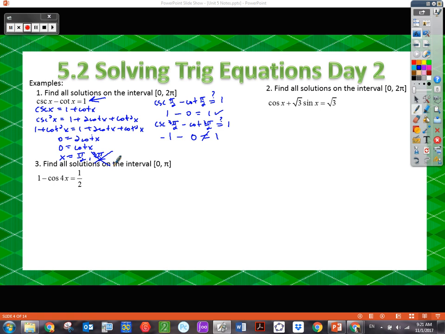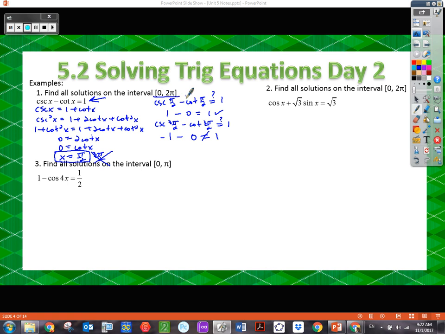It's an extraneous solution that was created by the technique that we used. So we really just have that one solution. Our interval is 0 to 2 pi.